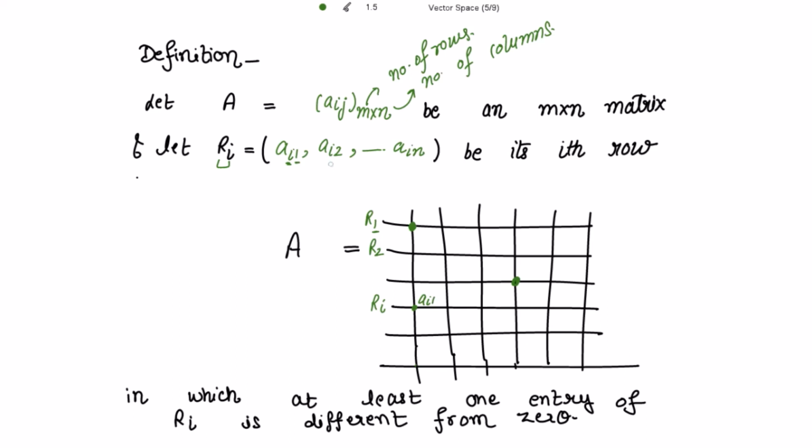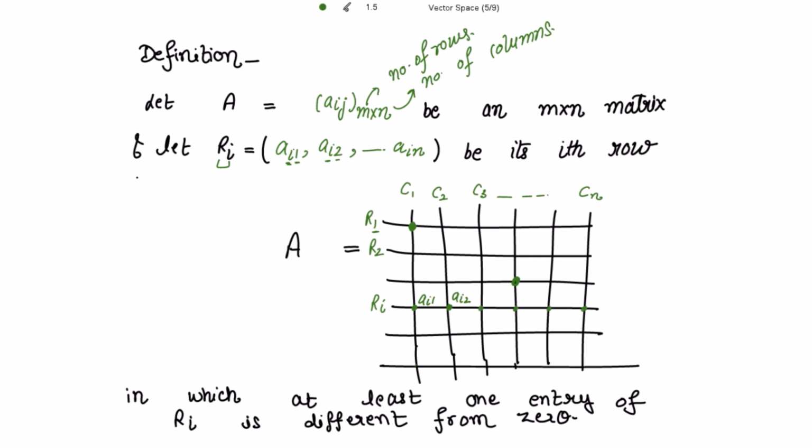Then what is Ai2? Ith row and second column. If this is the first column, C1 let's say, this is the second column, this is the third, so on, this is the nth column. Then Ai2 will be the element in the ith row and second column. So this is Ai2. Likewise Ai3, so on. So these all are the elements of our ith row.